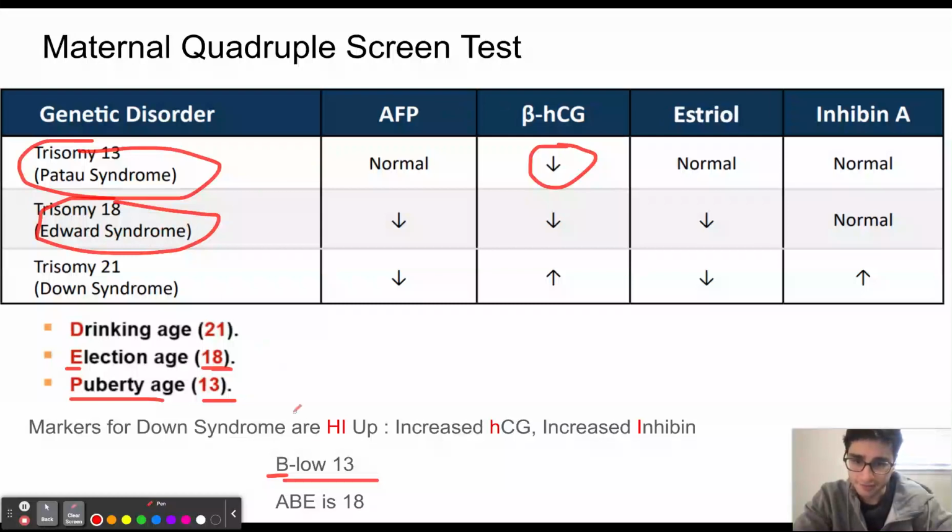With Edwards syndrome, we can remember the mnemonic ABE is 18. So Edwards syndrome is chromosome 18, and the hormone levels that are going to be less than normal are going to be alpha fetoprotein, beta HCG, and estriol. So A, B, and E. ABE is 18.